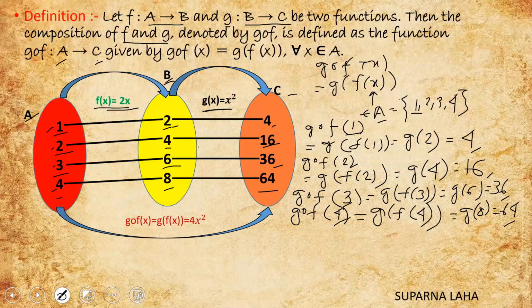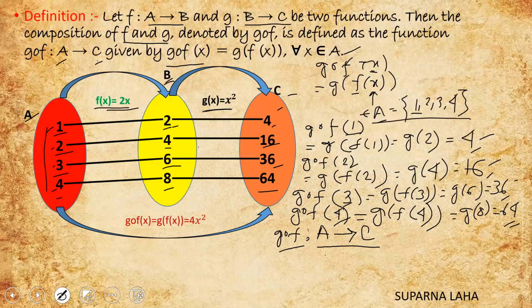The domain of this g of f is the set A, since 1, 2, 3, 4 are the elements of the set A. And look at the range set 4, 16, 36, 64, that is the set C. That means g of f is defined from the set A to C, and we already know g of f of x means g of f(x) for every x belonging to the set A, that is the input for the function f.